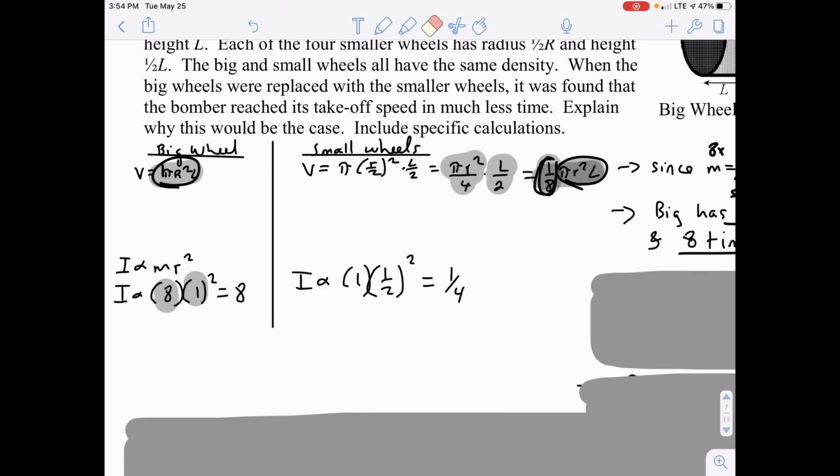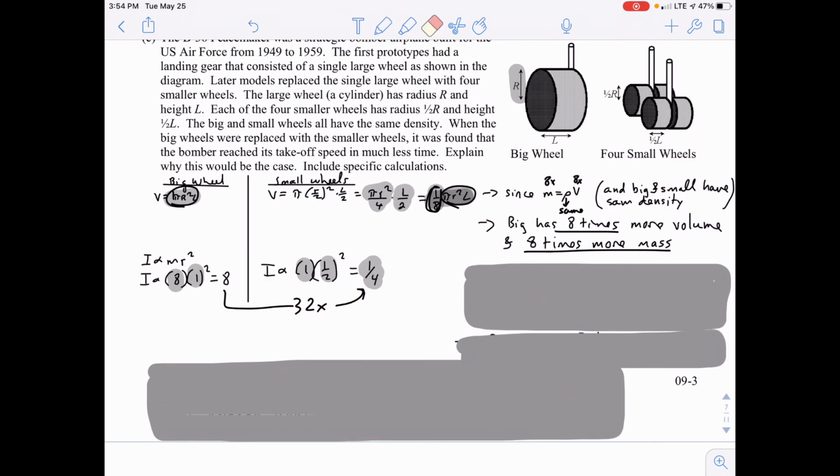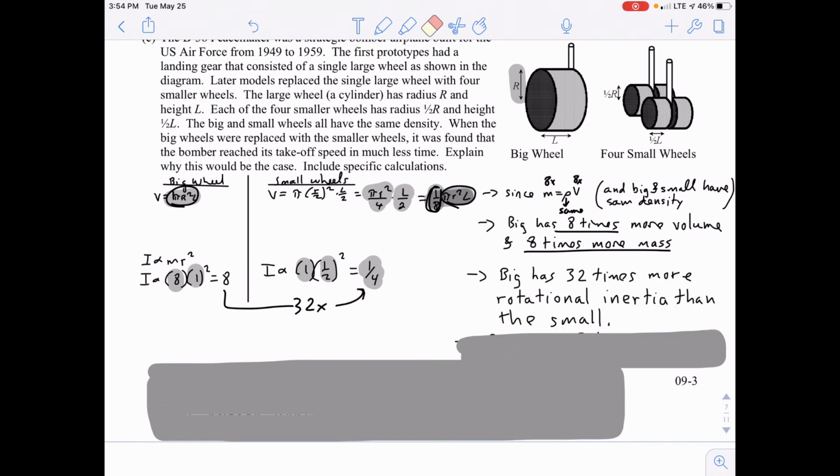Compare that to the small wheel, which has a mass unit 8 times less, or 1. It has a radius of 1/2, and 1/2 squared is 1/4 times 1 is 1/4. Well, 8 is 32 times greater than 1/4. So putting this all together, the big wheel has 32 times more rotational inertia than the small wheel.